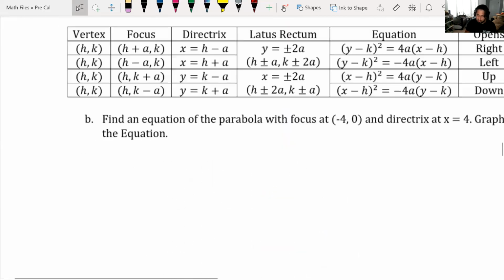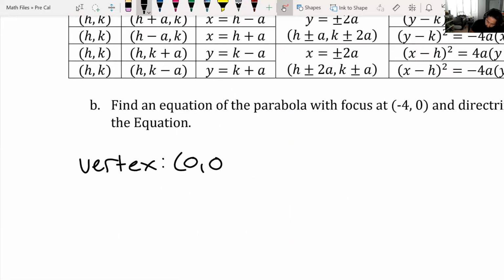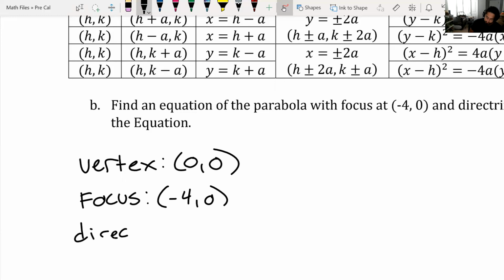So again, write everything down. Vertex is at 0, 0. And then focus, they give us the focus, which is at -4, 0. Directrix, which was given as well, is at x equals 4.